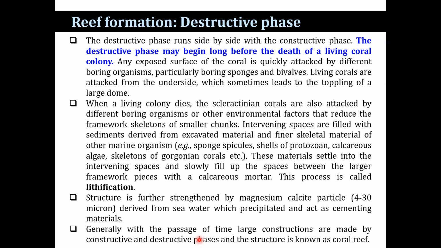The process is known as lithification. The structure is further strengthened by magnesium calcite particles derived from seawater, which precipitate and act as cementing materials. Generally, with the passage of time, large constructions are made by constructive as well as destructive phases, and the structure is known as a coral reef.